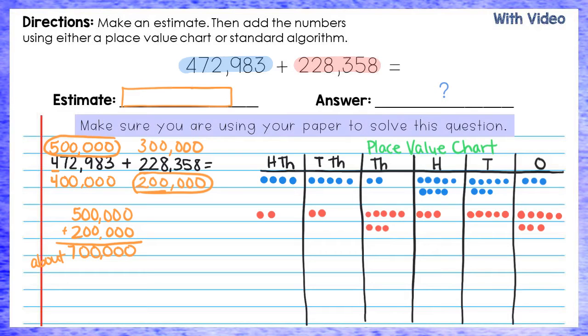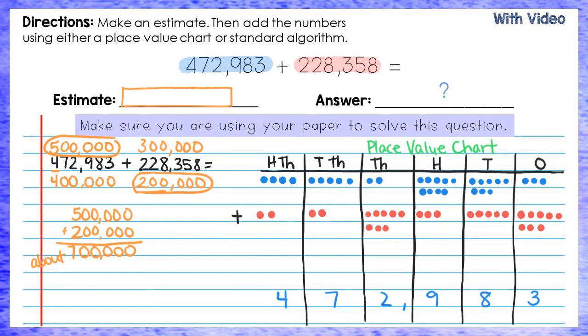We are going to be adding these together. We're combining them. So I'm going to put a plus sign here, and we're going to combine them together. I'm also going to put my numbers below. So I have 472,983.